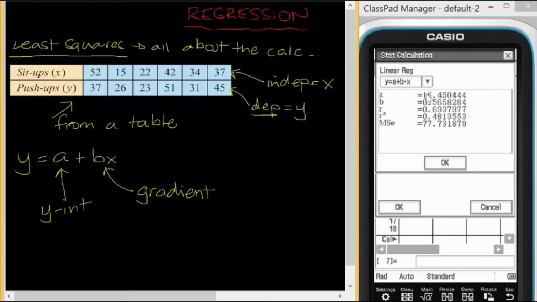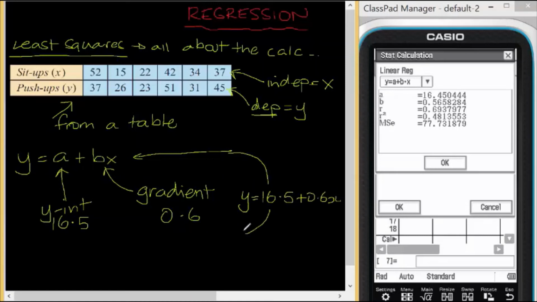Now if you look here, all I do is substitute these values straight into this equation. So if my A is 16.5 and my B is 0.6, my equation is going to become Y equals 16.5 plus 0.6x, or if I want to be really clever about it all, I will say my Y, which is my push-ups, so my push-ups will equal 16.5 plus 0.6 times my sit-ups.